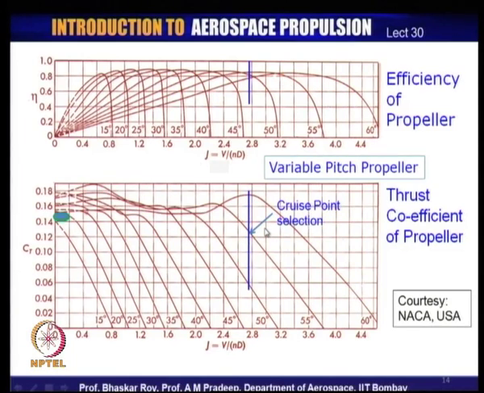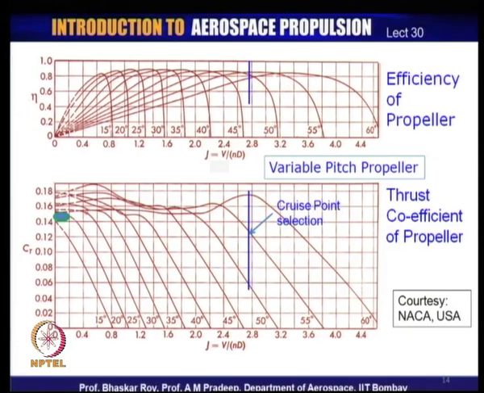So, if you have a variable pitch propeller, one of the jobs of the propeller designer is to create variable pitch propeller characteristics, within which the aircraft would need to be flown and the engine would need to be operated, so that all the time the propeller is matched on one hand with the engine, and on the other hand with the aircraft.